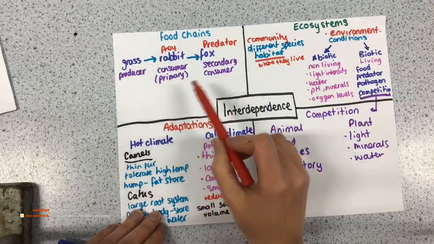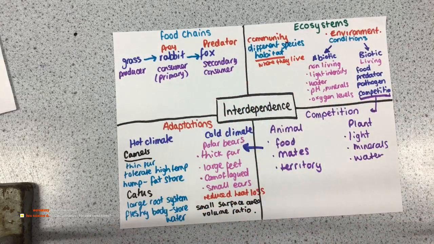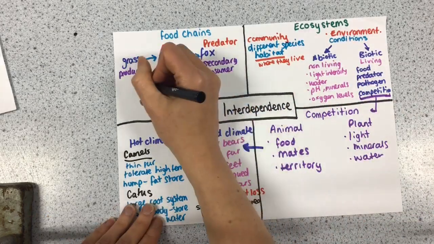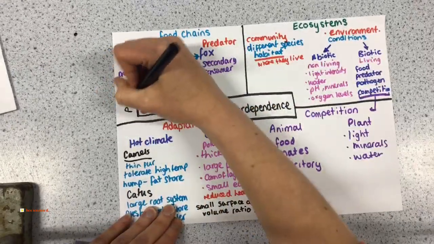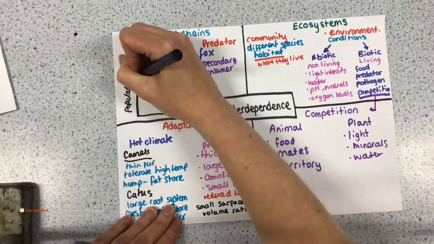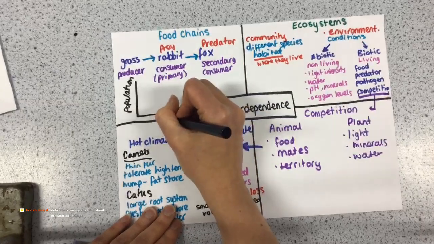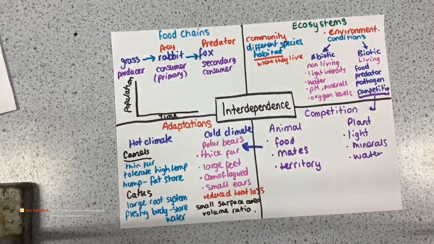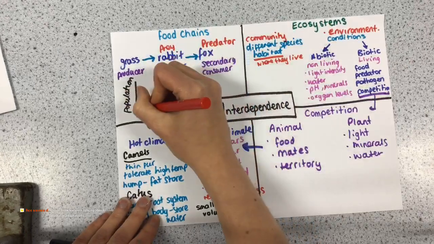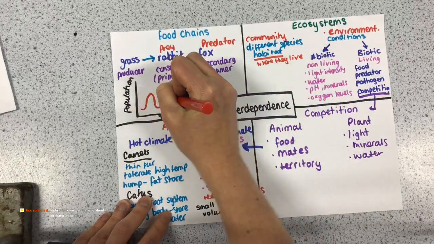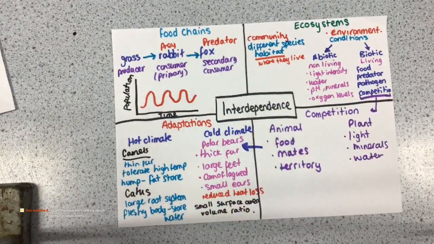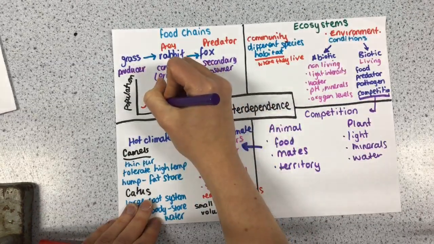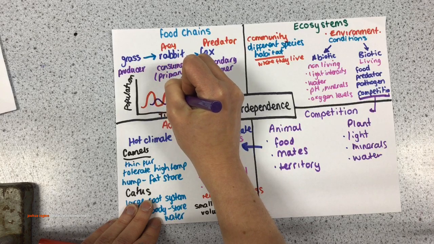Now, because this is all about interdependence, they occasionally show you a predator-prey cycle, which will be a graph of population against time usually, and it should show you the prey cycling, so the population of the prey going up and down. Then we get the predator's population.